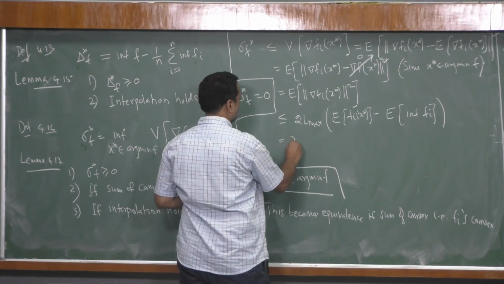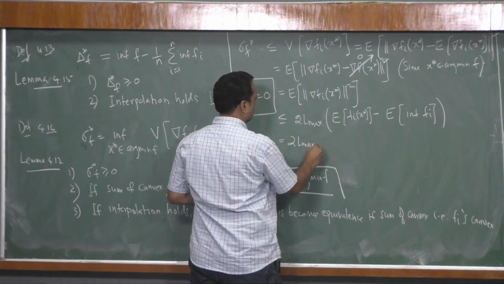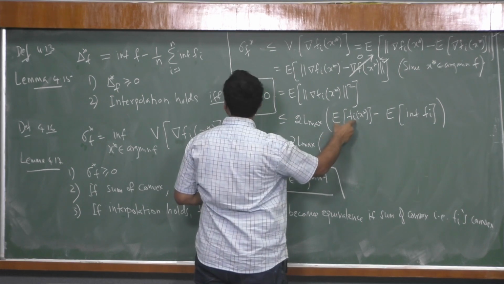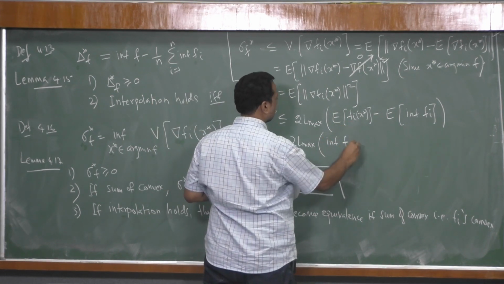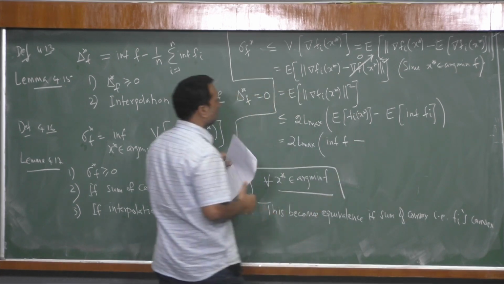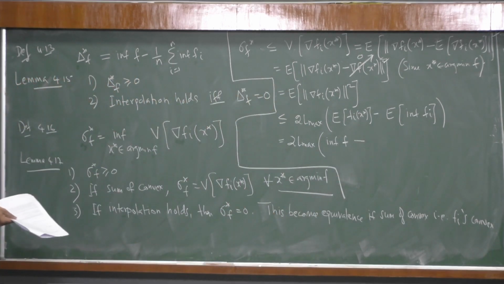Okay, so 2L max, and in that form it's infimum of f minus the expectation of infimum of f_i.